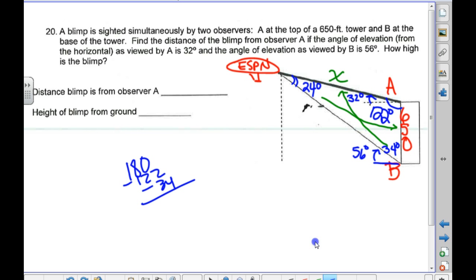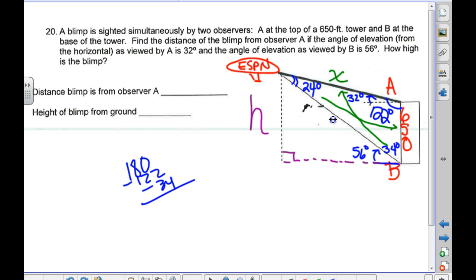Now, the second thing it asks for, though, is how high the blimp is. There's a couple different ways we could do that. We use the 56 and 90, and then we find one on the left side. Like sine of 34 over 893.6 equals sine of 122 over x.